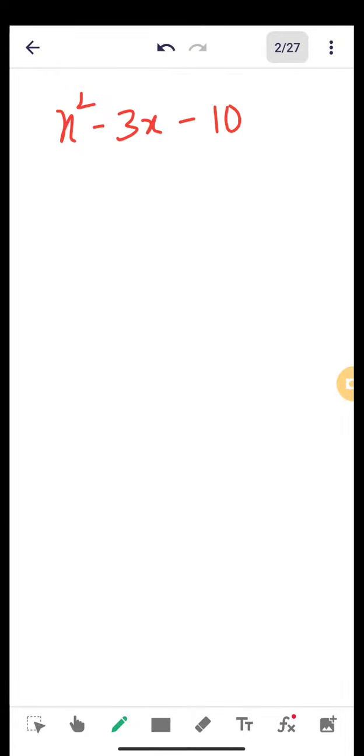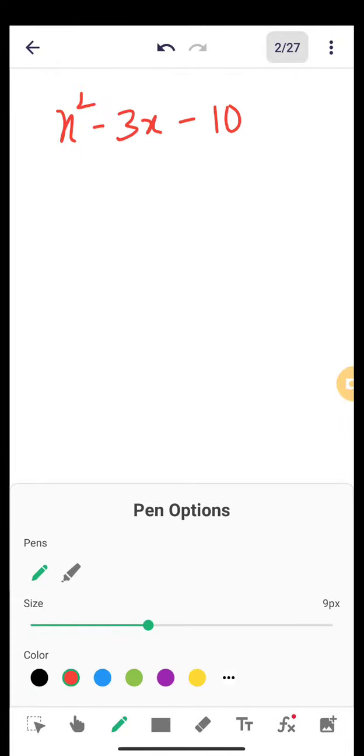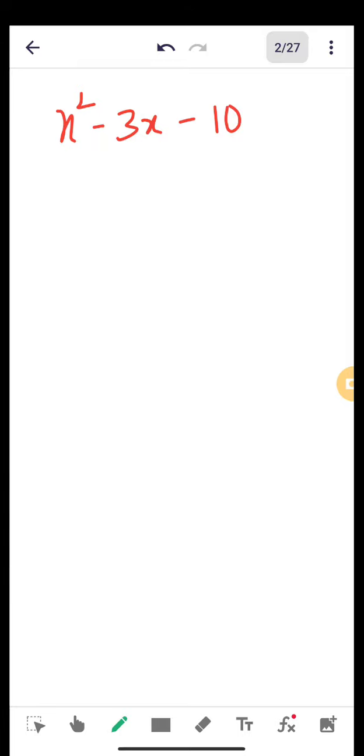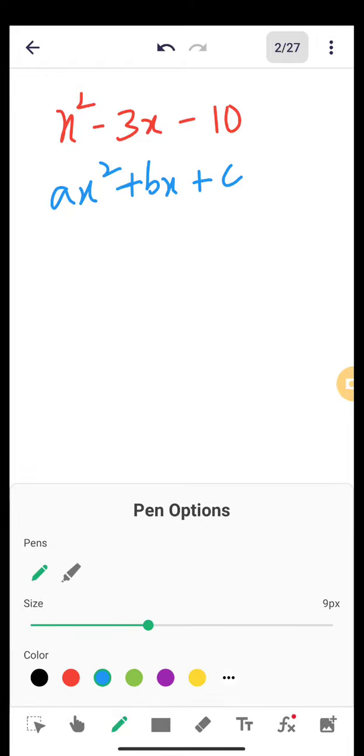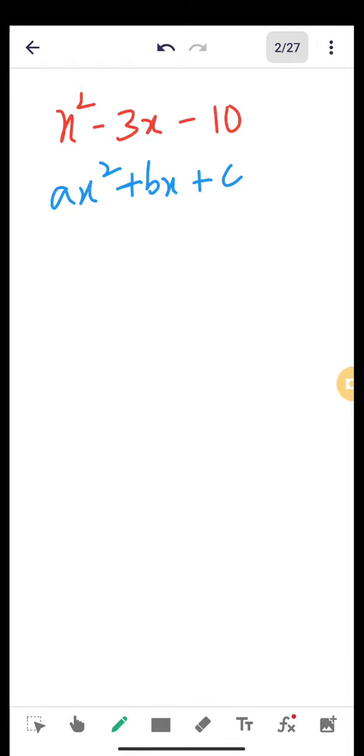The first thing we do here is we compare this with the standard form of quadratic equation, ax square plus bx plus c. So comparing this with the standard form, we can get a, b, c values. So here what is the coefficient of x square? If there is no number, it is 1.